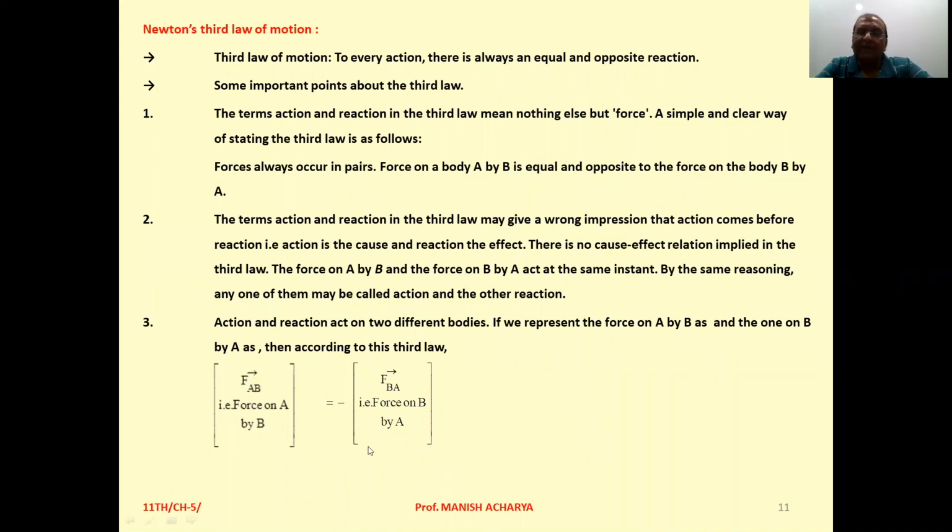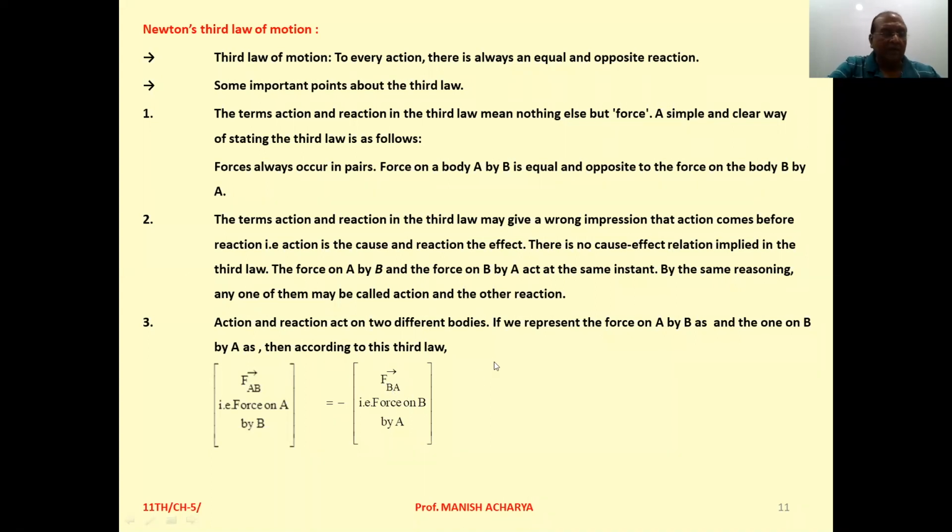And if we think about the force on B by A, then we can write vector FBA. But these two forces are equal in magnitude and opposite in direction. So we can write vector FAB equals minus vector FBA.